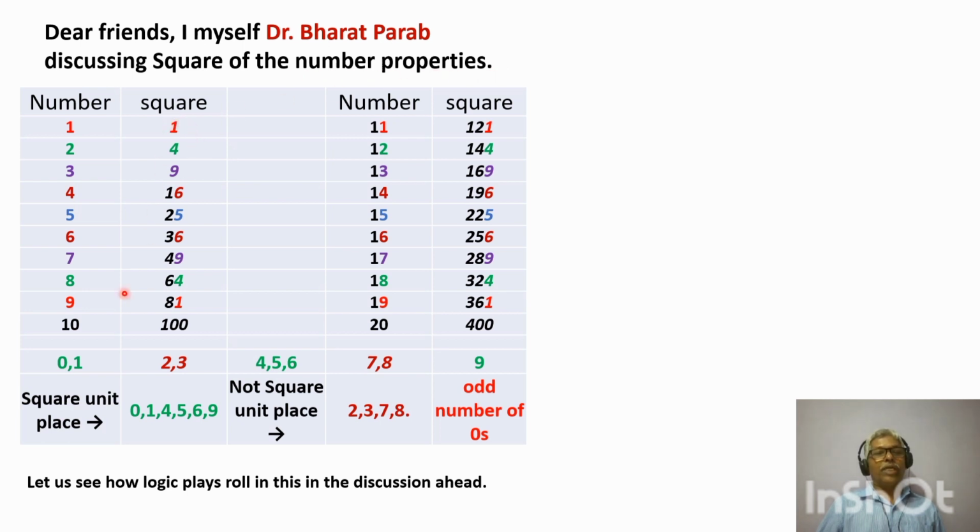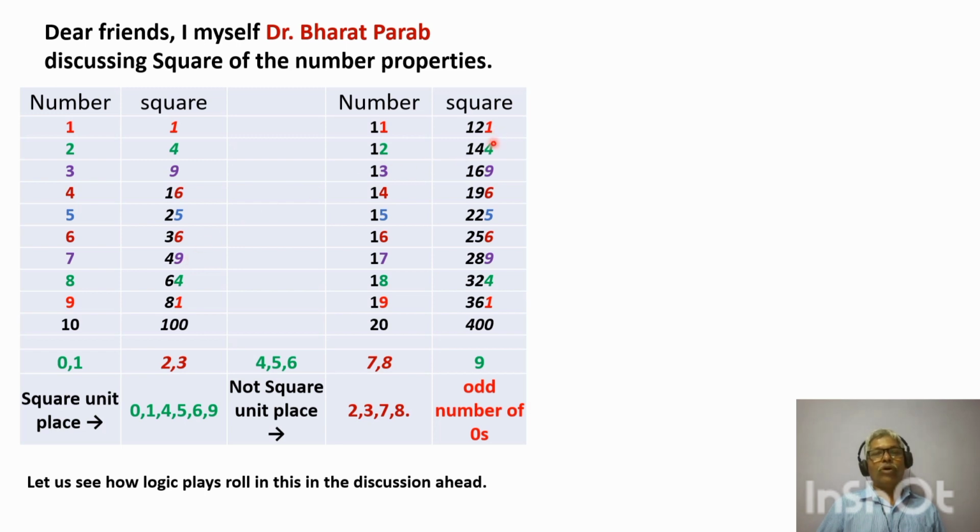So these are the squares from 1 to 10, and the squares from 11 to 20 are given here, and we are trying to see what properties they follow in common. If you see here, the unit place, the last digit in which these numbers end, is either 0, 1, 4, 5, 6 or 9.